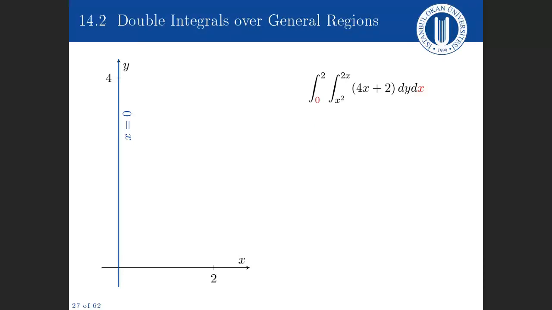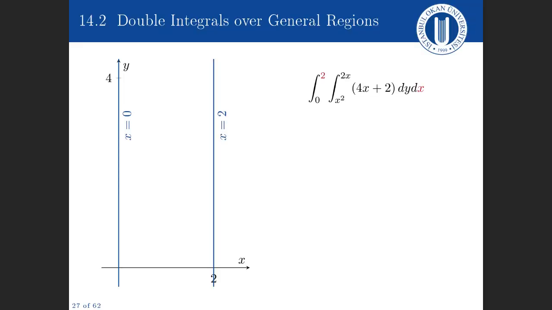First, x equal to 0. That's easy to draw. Next, x equal to 2. Here it is, just a vertical line through 2. y is equal to x squared. There we are.